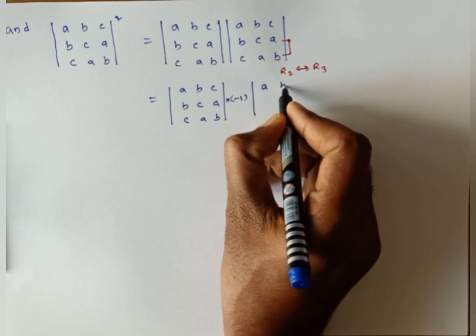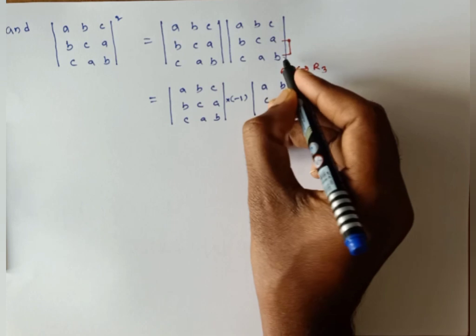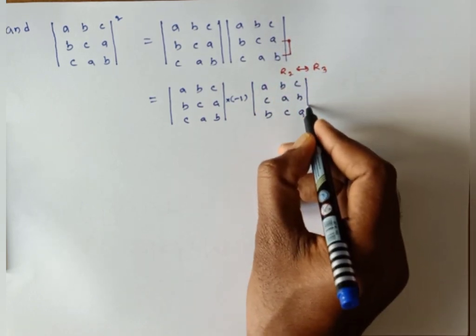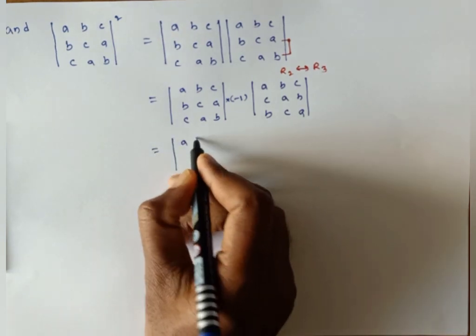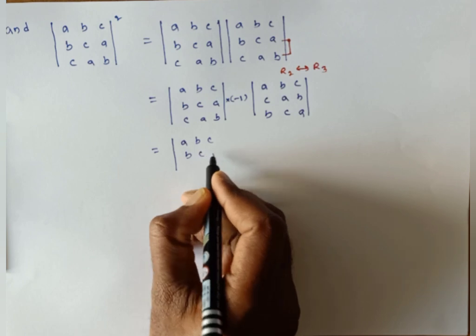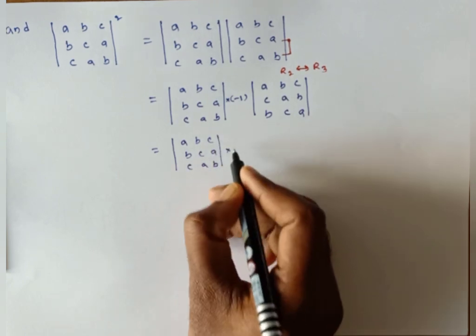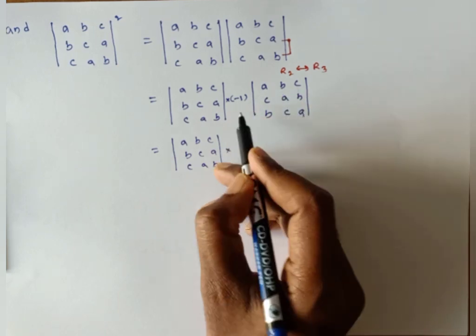No change in the first row, that is a b c as it is. Now this is c a b, interchanged with b c a. So it is a b c, b c a and c a b into the determinant, and outside of this determinant minus 1 is there.